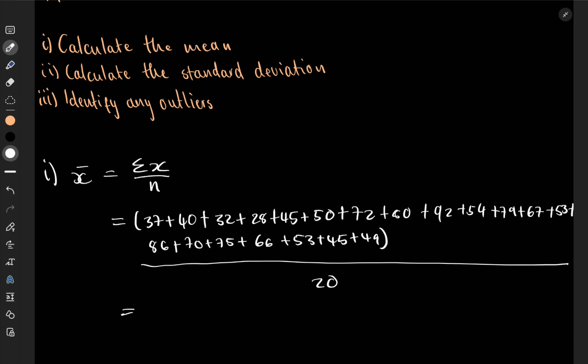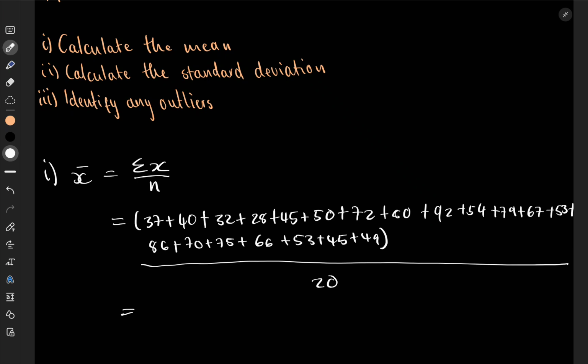Then we can put it in the calculator. Let's go, we'll say 37 plus 40 plus 32 plus 28 plus 45 plus 50 plus 72 plus 80 plus 92 plus 54 plus 79 plus 67 plus 53 plus 86 plus 70 plus 75 plus 66 plus 53 plus 45 plus 49.